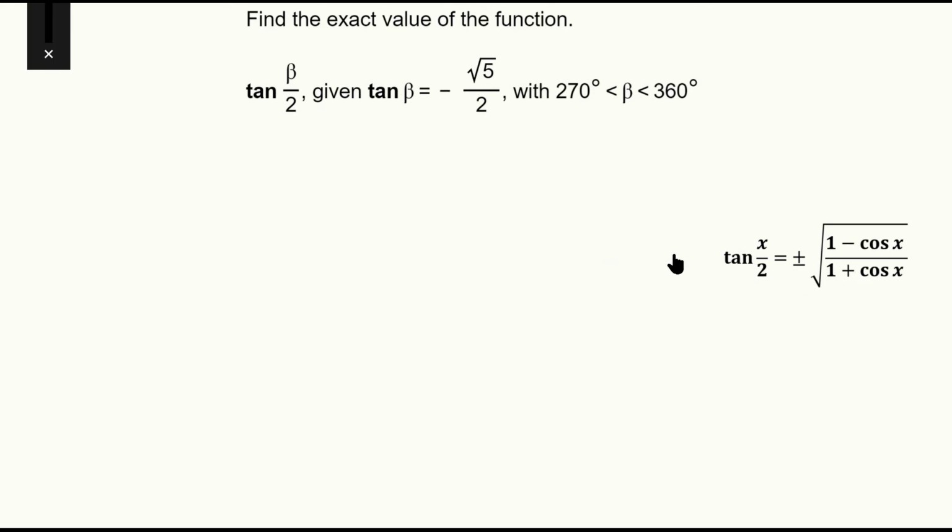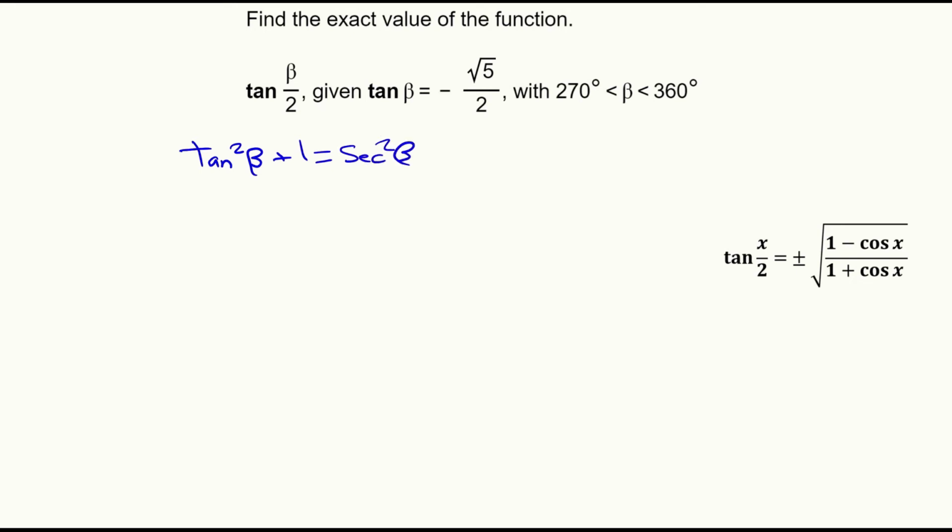All right, so let's go ahead and take the tangent of beta equals negative square root of 5 over 2 and see if we can get the secant out of that. You know that tangent squared theta, here in this case I'll use beta since we have that, plus 1 equals secant squared beta.